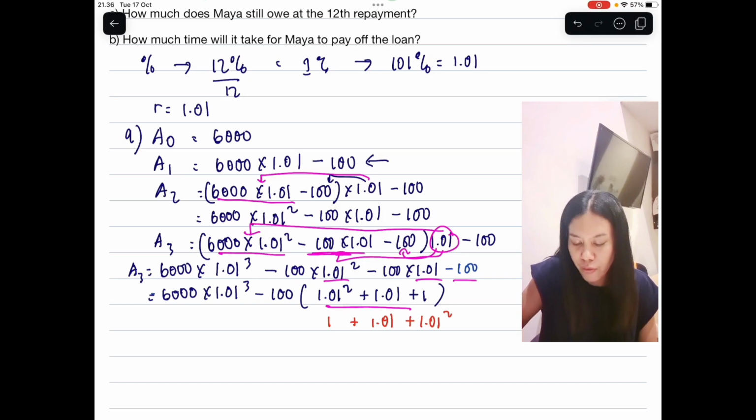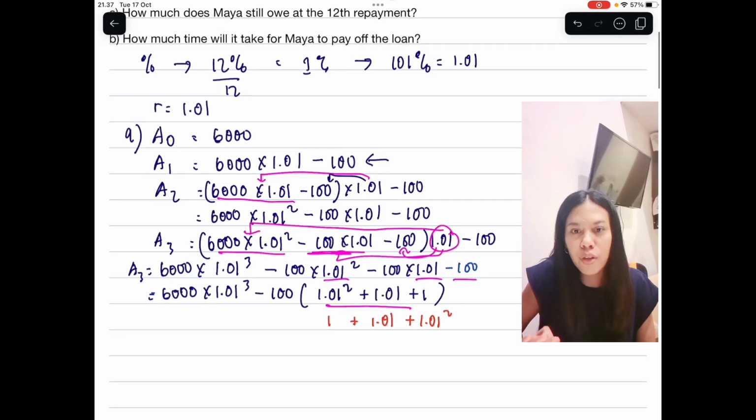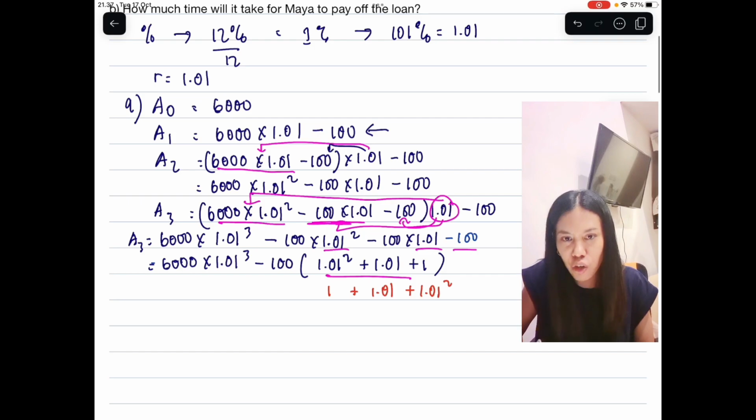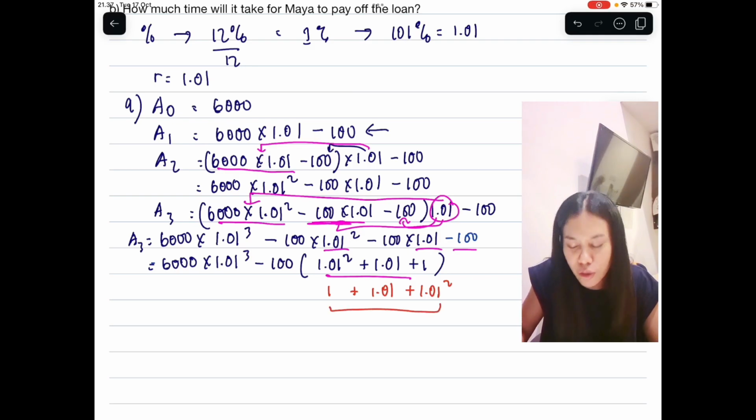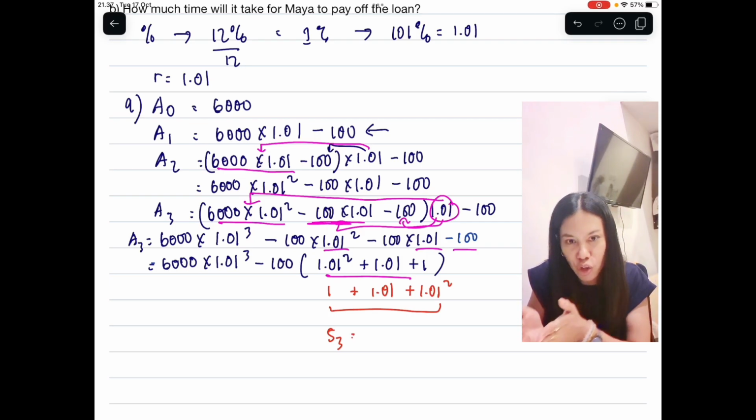For you guys that already learned geometric series, you should be able to see that this one here is the sum of 3 units. So S3, the sum of the 3 units: U1 plus U2 plus U3. Now we put that in the geometric formula.